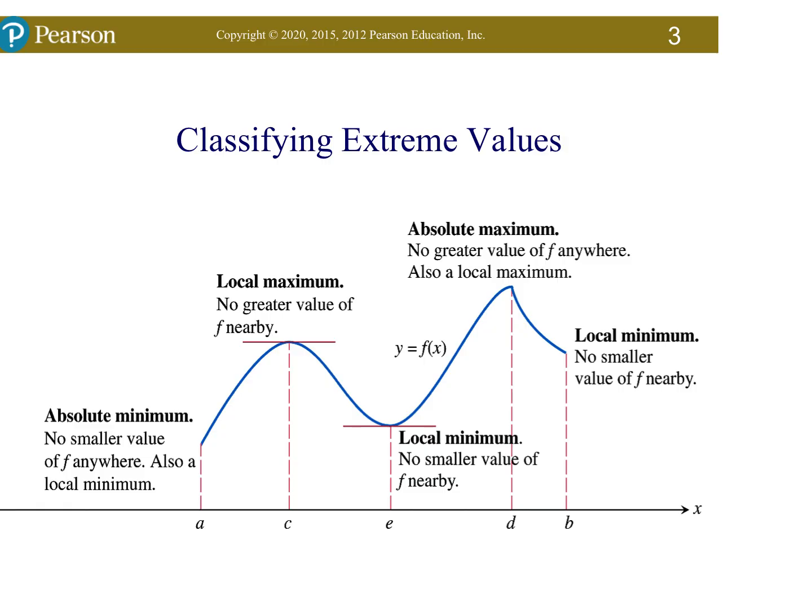On the next one, I've filled in the official definition. Words like absolute and local, you should be familiar with from last year as well. We can also call them global and relative, that also works. Absolute means global. Local means relative.